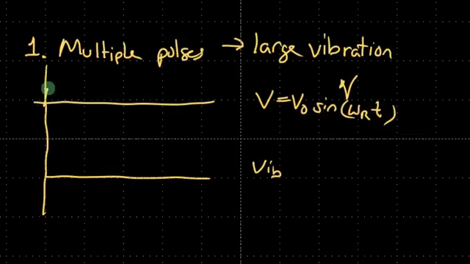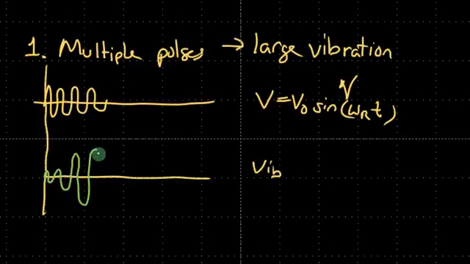If you apply it at the resonance frequency, we're going to be building up our vibration. Our vibration is going to be increasing, small, getting larger, getting larger. So this is going to happen. There is an amplification which occurs if you use multiple pulses.